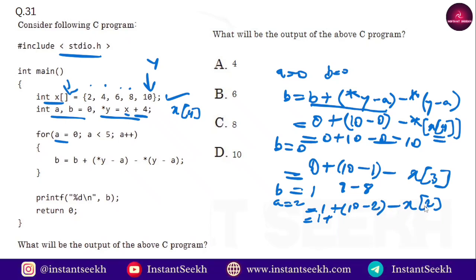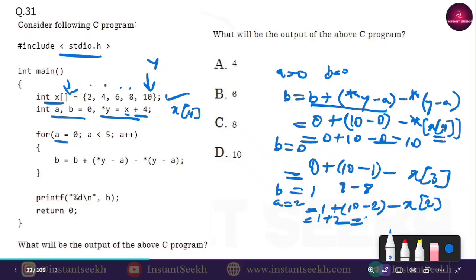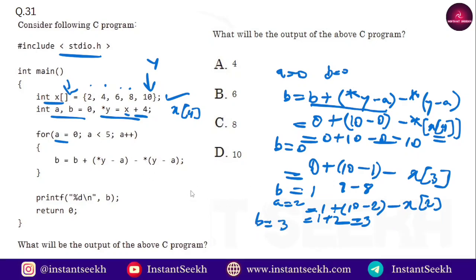And your X of 2 is 6. So 8 minus 6 is 2, plus 1, 3. So B becomes 3, and this is for A equal to 2. Accordingly, if you do this till A is less than 4, you will get the value B equal to 10. I hope you get the concept here.